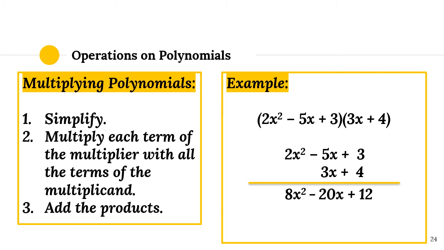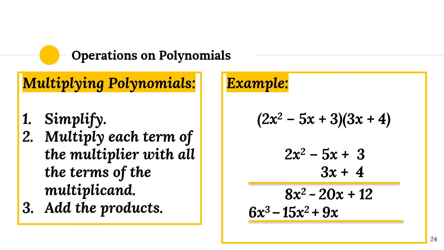Gives us 4 times 3 is 12, 4 times negative 5 is negative 20x, 4 times 2x squared is 8x squared. Now let's go to 3x, and this will be written on the next line. It's 3x times 3 is 9x, 3x times negative 5x is negative 15x squared, and 3x times 2x squared is 6x cubed.